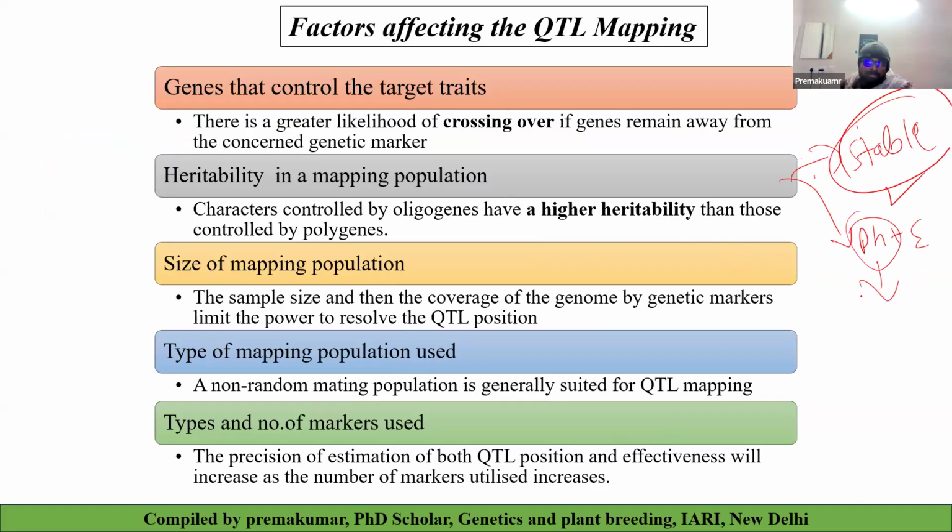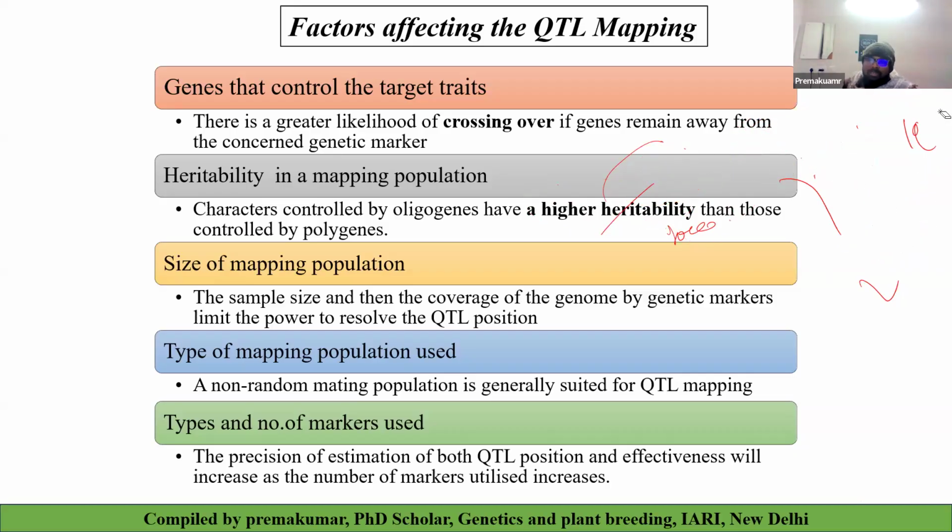If you have not conducted any multi-environment trials or multi-year experiments, the phenotypic data will not be good and you will not get good results. That's why if the trait has very low heritability, you should go with multi-year and multi-location trials. Then you will develop an accurate phenotype. Then you map. If a trait has low heritability and you are not doing multi-year and multi-location experiments, you will end up with nothing.